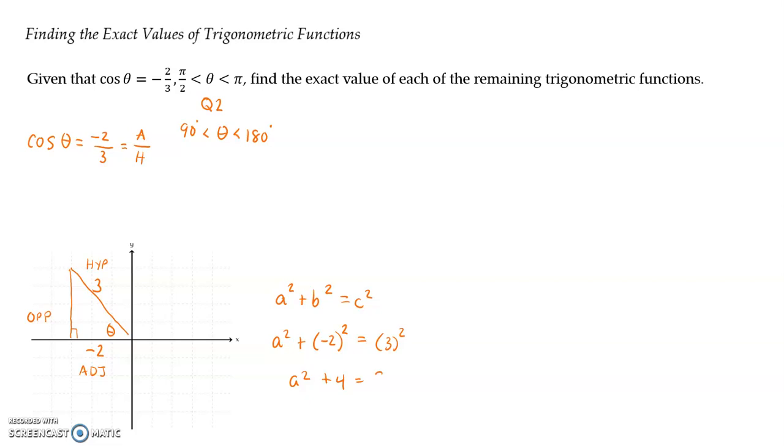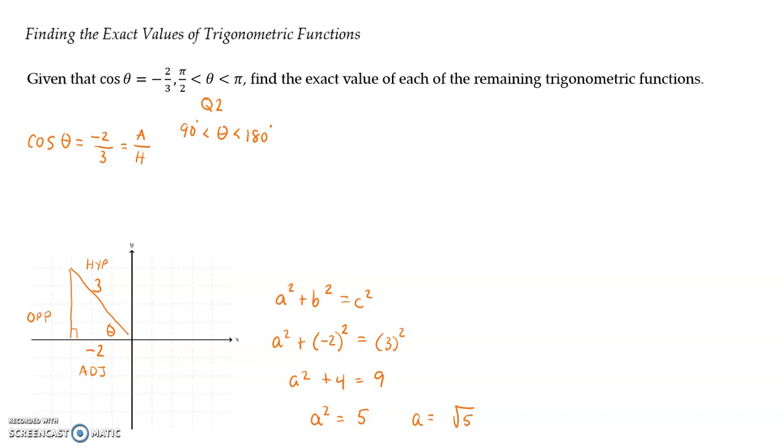And 3 squared is going to give me 9. So I can subtract my 4 from both sides. So a squared is going to give me 5. And now I can go ahead and take the square root of both sides. And for my a value, I'm going to end up with a radical 5.